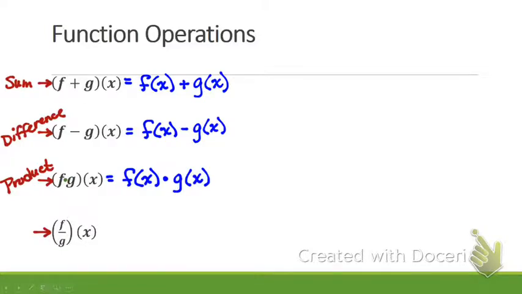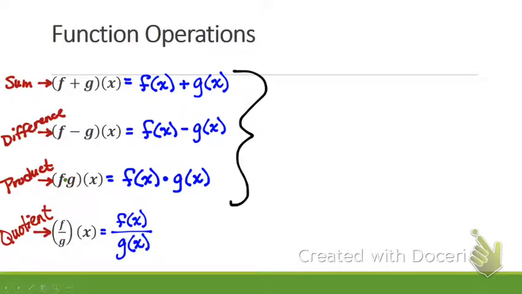And last but not least, we can divide these. This is the quotient. So I'm going to take whatever my function f of x is, and I will divide it by my function g of x. These 3 up here will all have the same domain.